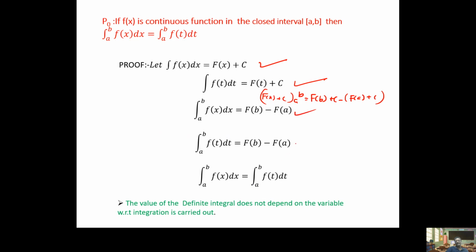Integral of f of t dt is also F of b minus F of a. So integral a to b f of x dx is equal to integral a to b f of t dt. That is, the value of a definite integral does not depend on the variable with respect to integration. It depends on the limits only.